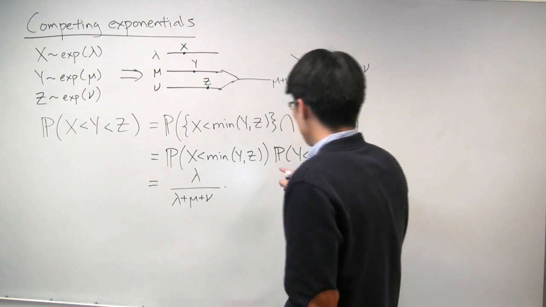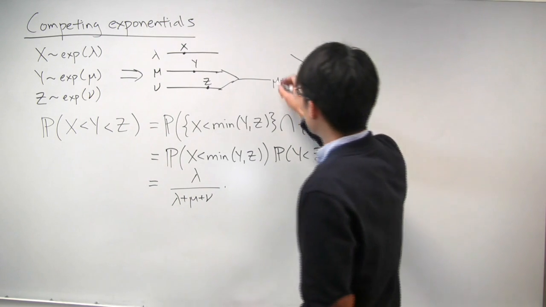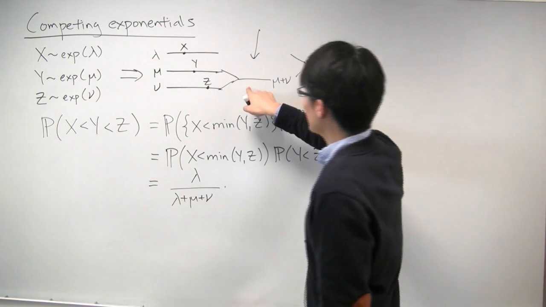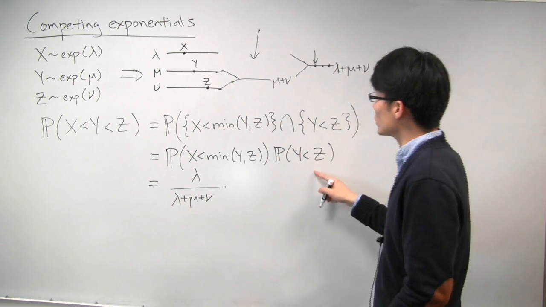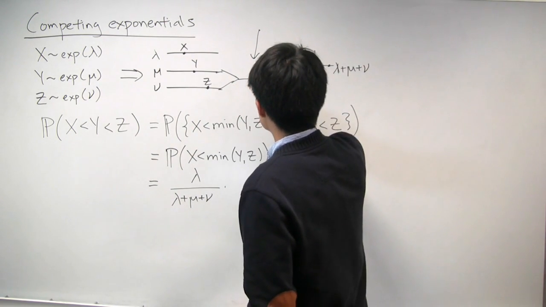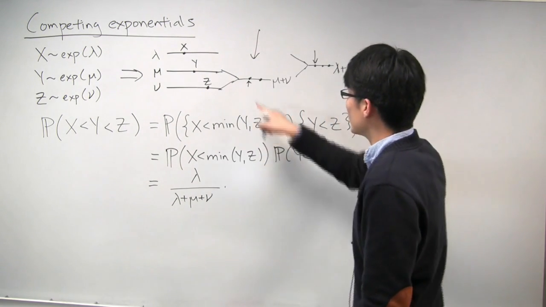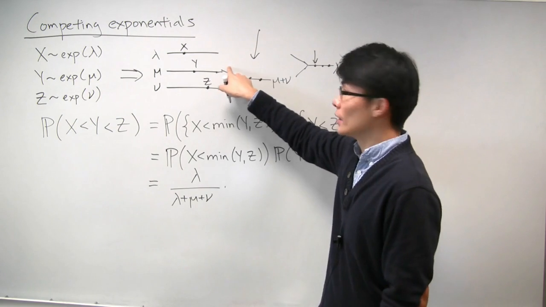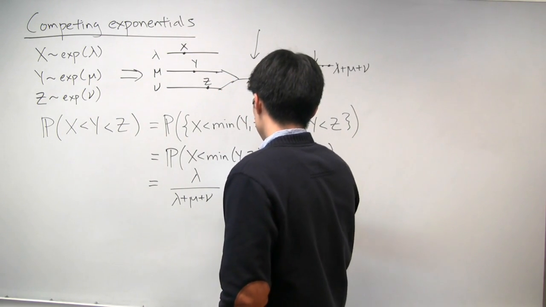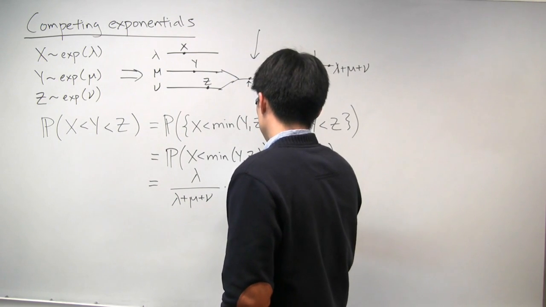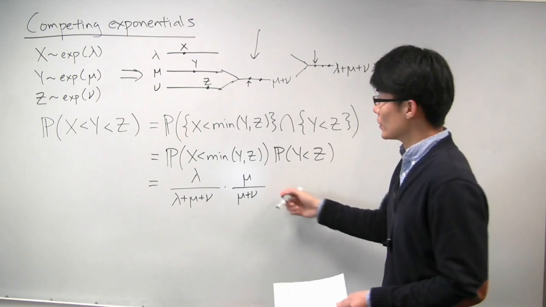And what about the second one, the probability that Y is less than Z? Let's merge just the Y and Z processes and see which comes first. The probability that the first arrival came from the Y process is, analogously, mu over mu plus nu. And that gives us our answer.